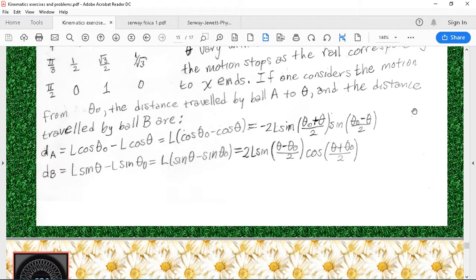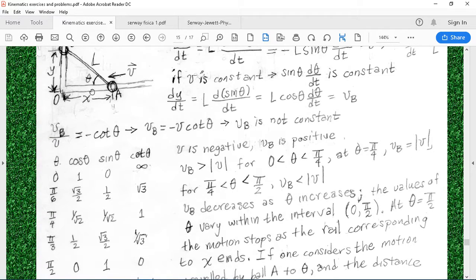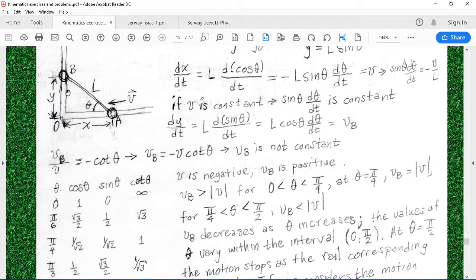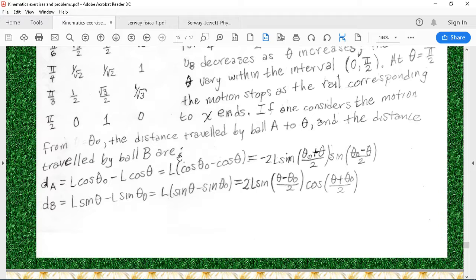Beyond that, one can consider the relations between the two distances, that is, the distance traveled by ball A and the distance traveled by ball B. The distance traveled by ball A is given by L cosine theta 0, the starting point, minus L cosine theta.